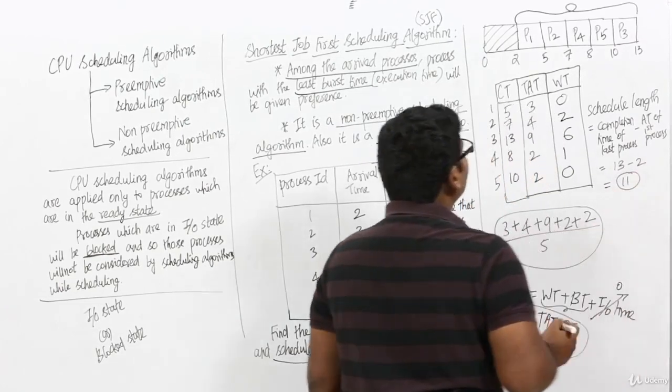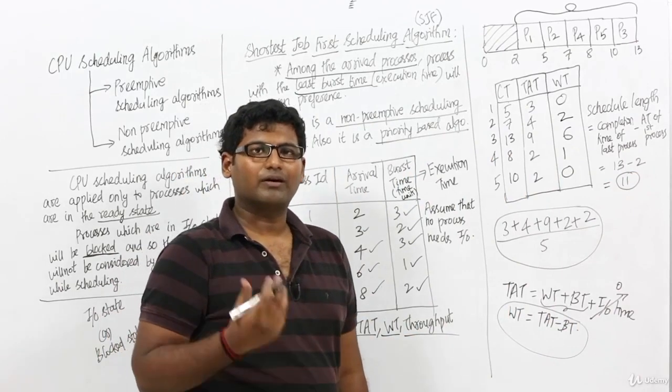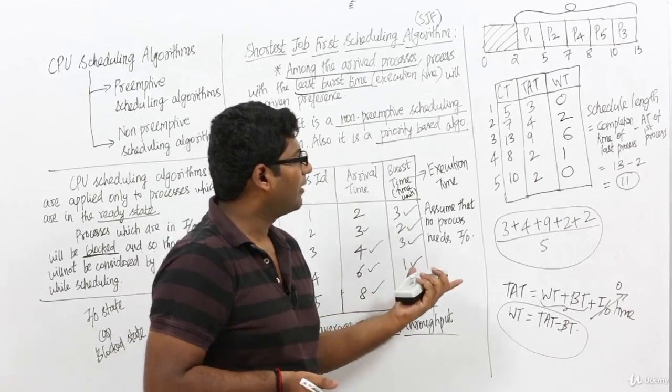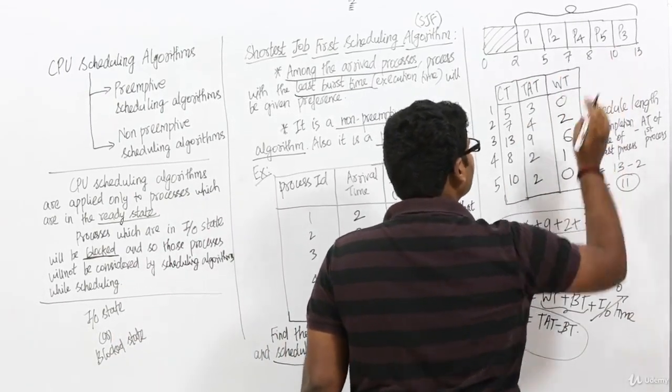Our scheduling algorithm has scheduled processes for 11 time units, starting from 2 till 13.